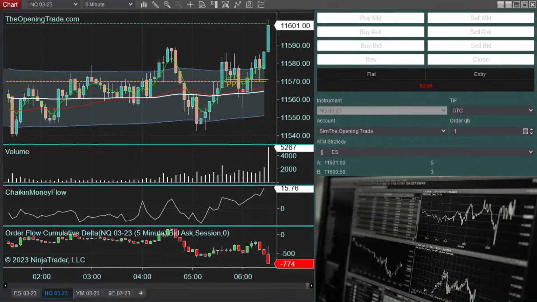We have less than 30 seconds. We're watching our chart. So if it does enter a trade today, it will likely be a long trade.